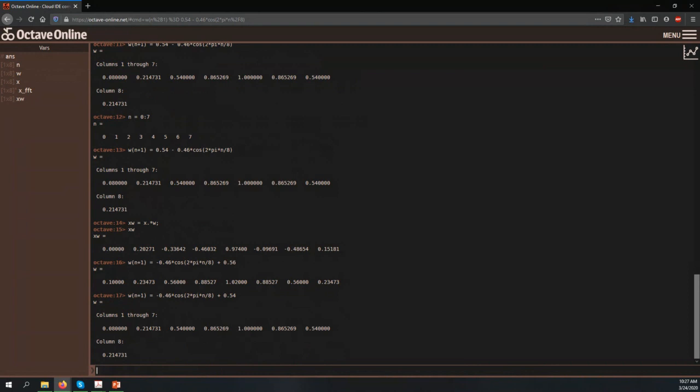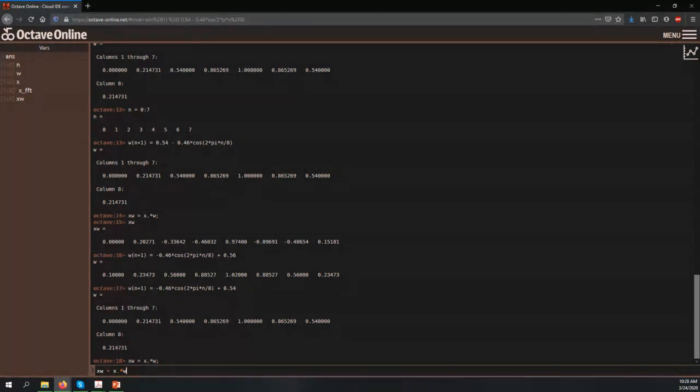Right, so because we had the x vector and the w vector, and using Octave or MATLAB, to get each one of those elements to multiply with each other with respect to each of the positions, use the dot star command. So you'll basically say x here, which is our original value, dot star by the window function.